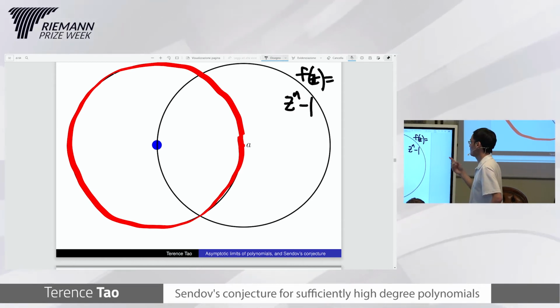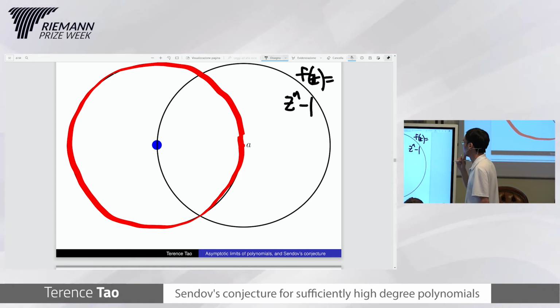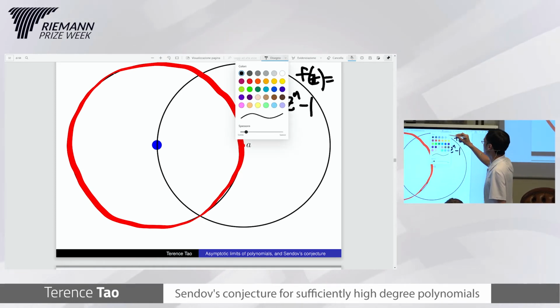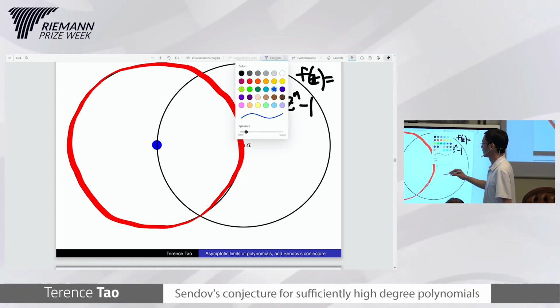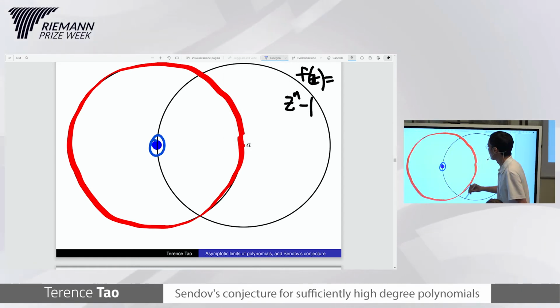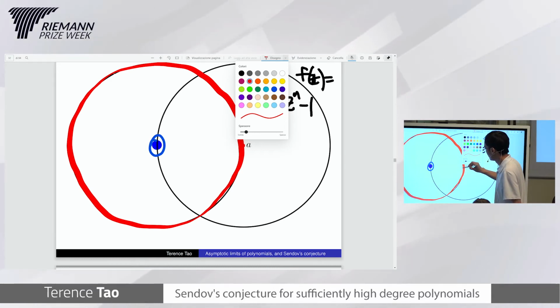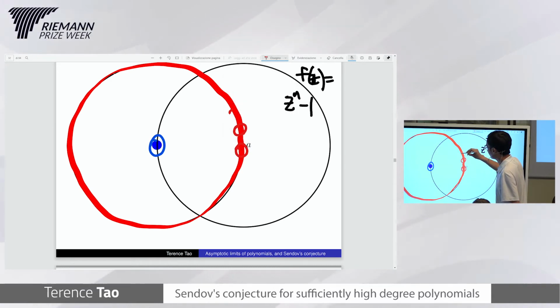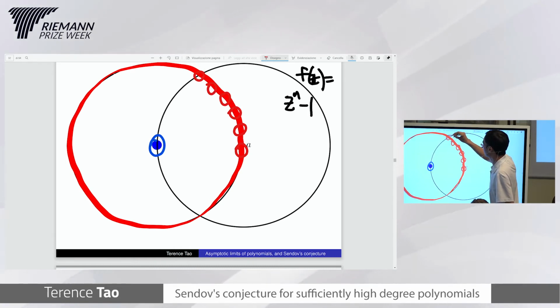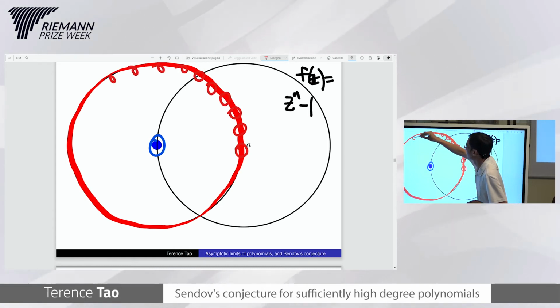Okay, so if you have this polynomial, for any fixed n, the critical points are all here. And the zeros are these, it's a discrete measure on the unit circle.